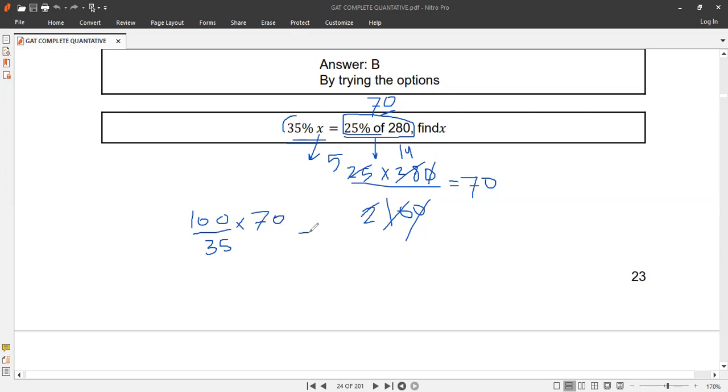Always, guys, if you want the part, like in this case, you put 25 over 100 and multiply by the other number. If you want the whole, you put 100 over the percent and multiply by the other number. So here, we can simplify 70 with 35. It becomes 2. 2 multiplied by 100 equals 200, sorry.